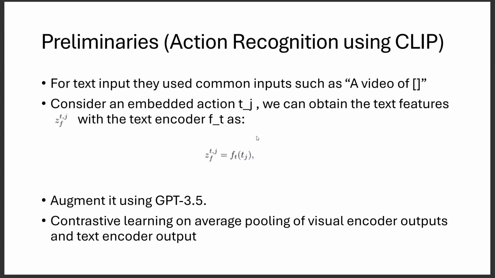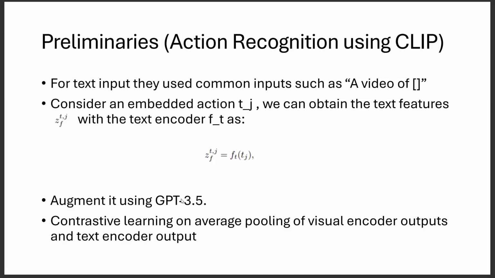Next, for text input, it's the same as the image CLIP. So they just put some text in a template, like a video of something, let's say clapping hands or playing something. Then they augment this input using GPT 3.5.